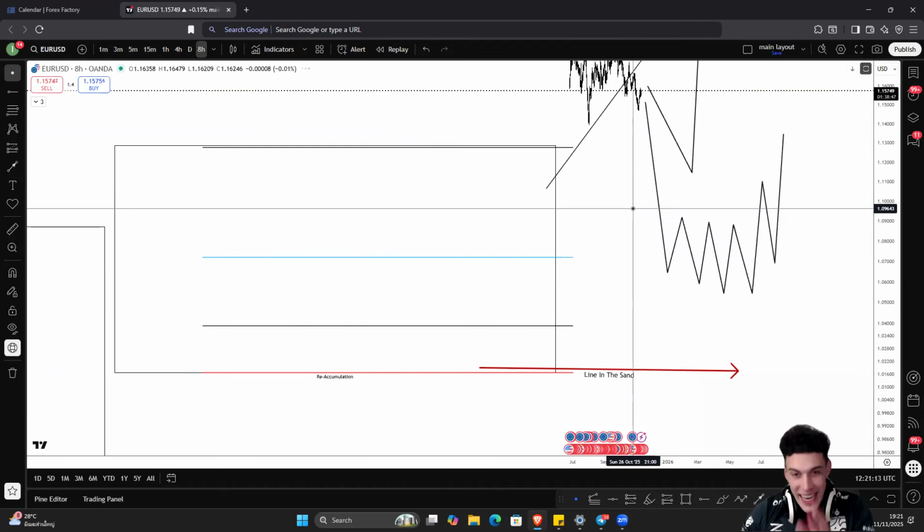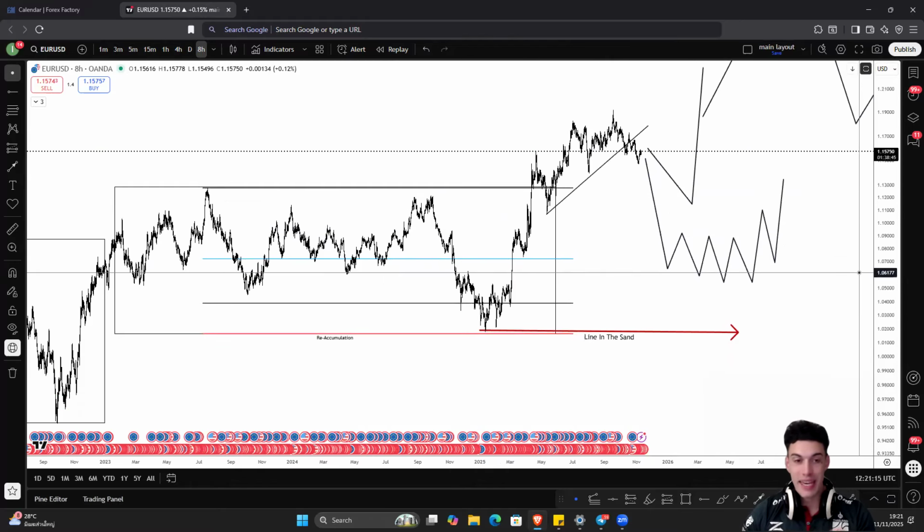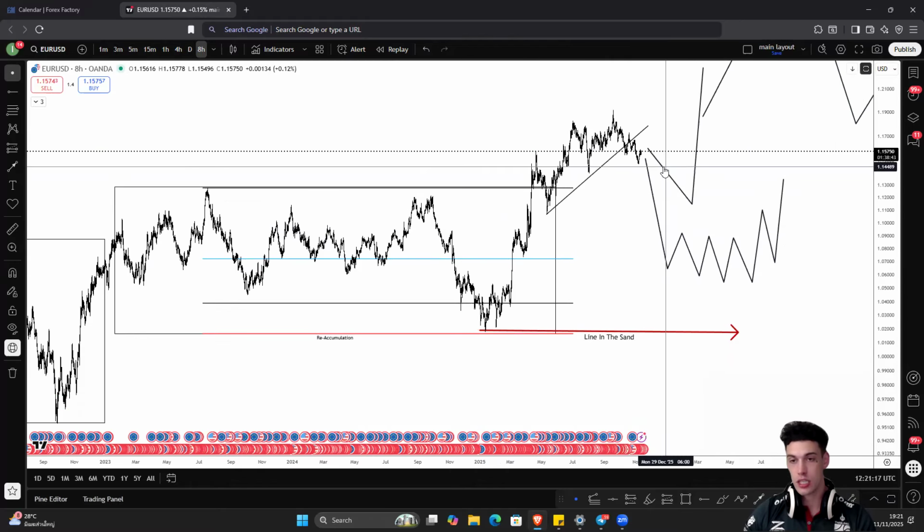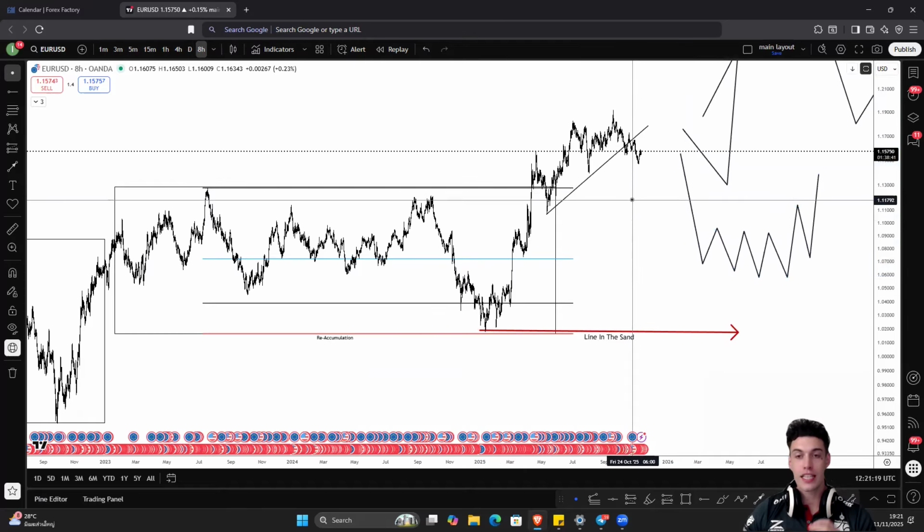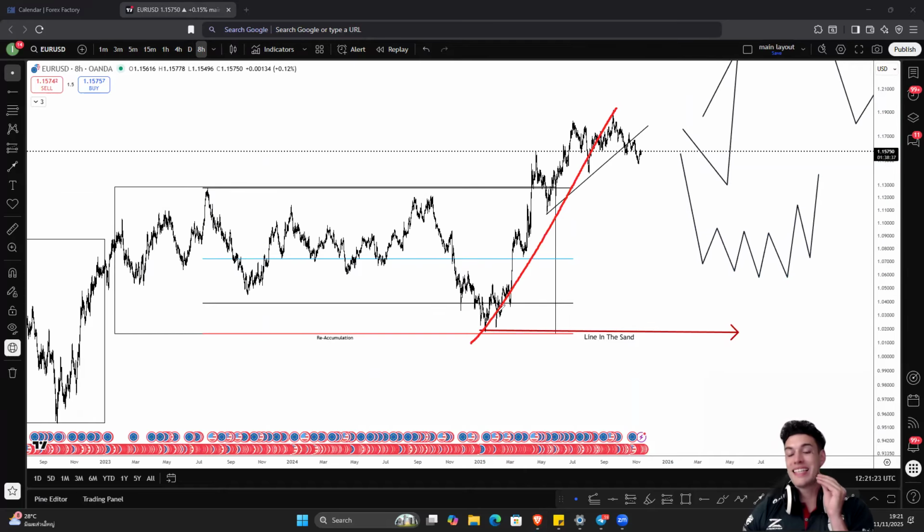And now when I'm scaling down to the next time frame, here's the key. Pay attention to this part, right? When I scale down to a lower time frame, here's what I'm trying to see. Each time frame has its own structure. Remember that. So I'm on the 8 hour and it's bullish from here.